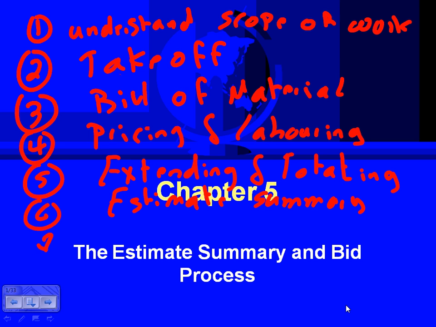Step number 7. I hope we have enough room for it. Profit. Applying profit. Step number 8. After you apply profit, bid accuracy, and that's what we're going to do today.